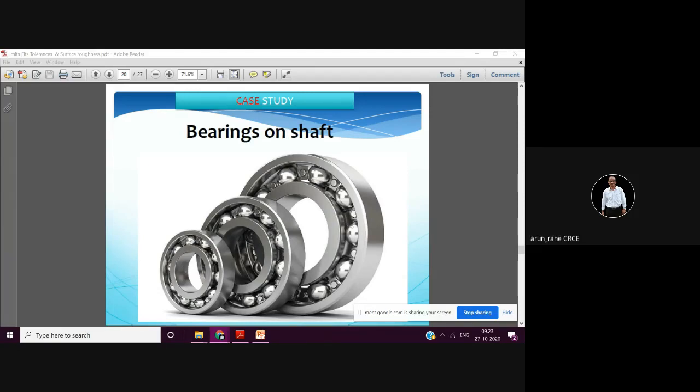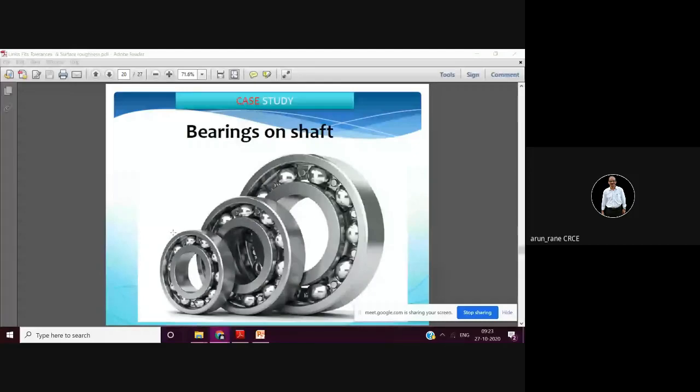So now the load is taken by the balls, whatever load, that is radial and axial loads. So in this way, there is no direct contact of shaft and housing, so that neither shaft nor housing will wear out. Only what is going to wear out is these balls because of the continuous motion.